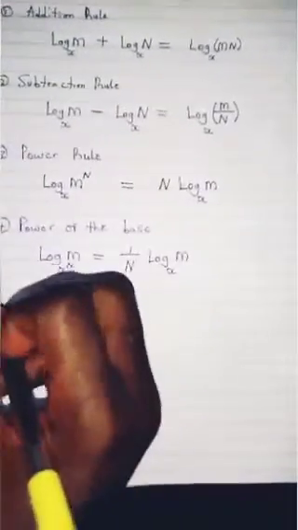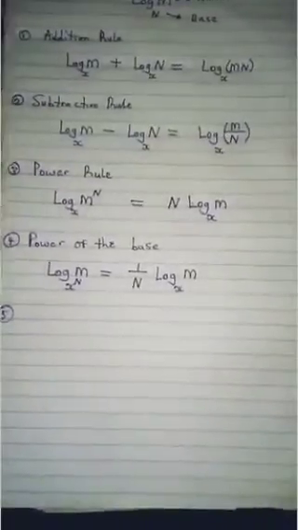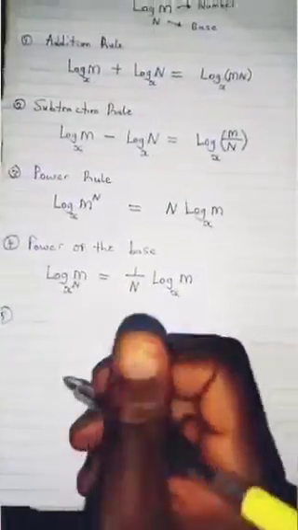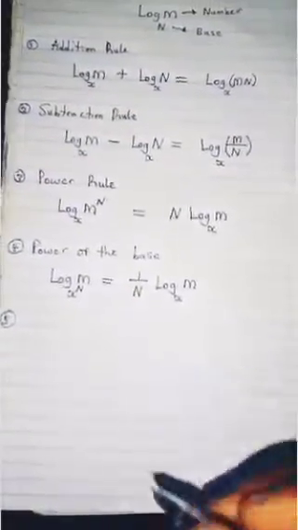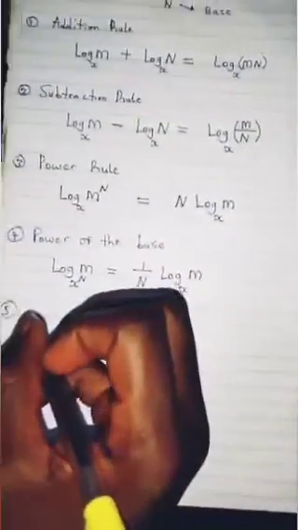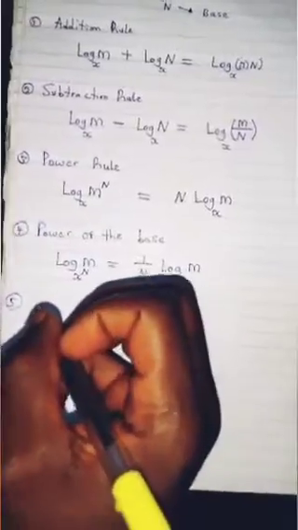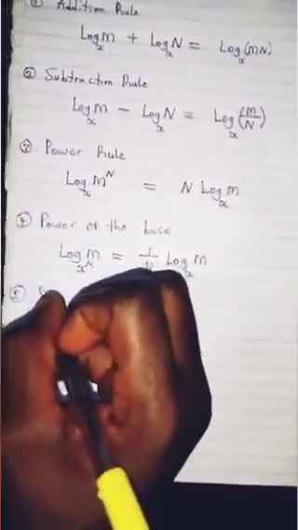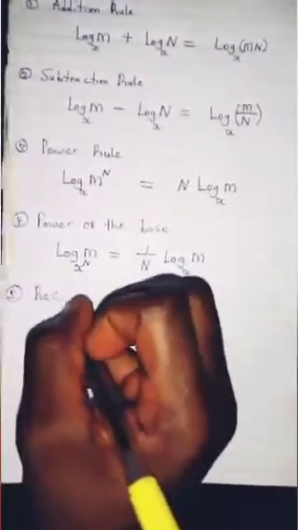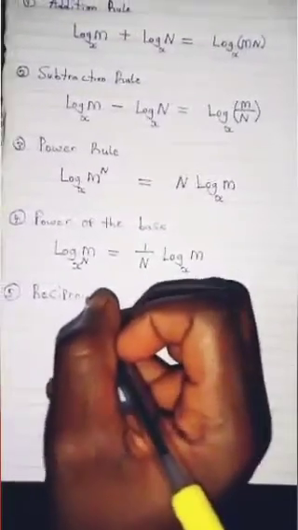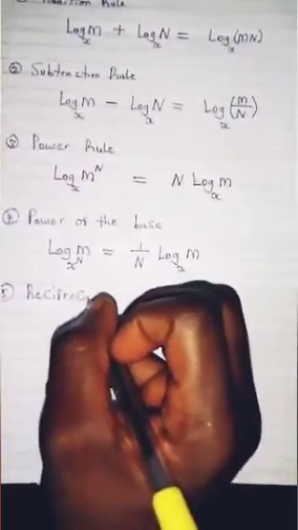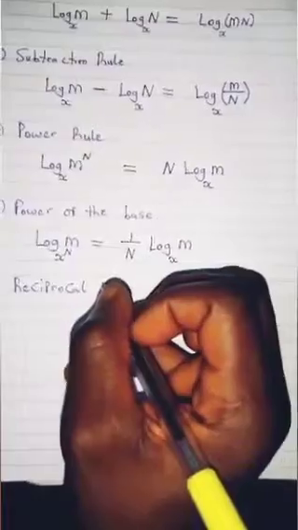So the fifth rule is the reciprocal rule.